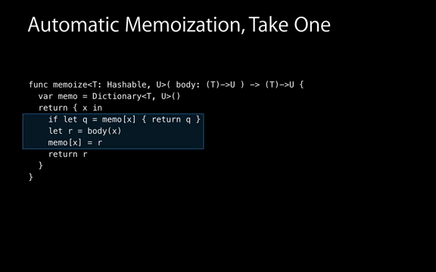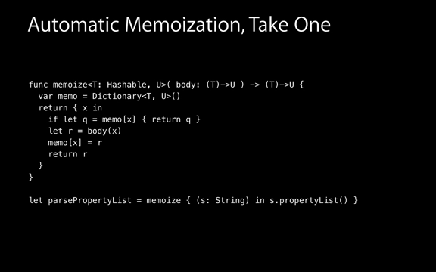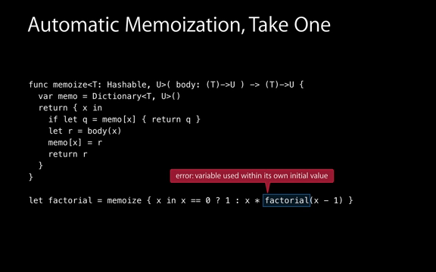And the usual memoization dance, where we look in the dictionary and return the value we found if we found it, otherwise compute and put it in the dictionary. Okay? Now this version of memoize works great for functions like parse property list. This just works, which is awesome. But for recursive functions like factorial or Fibonacci, well, not so much.